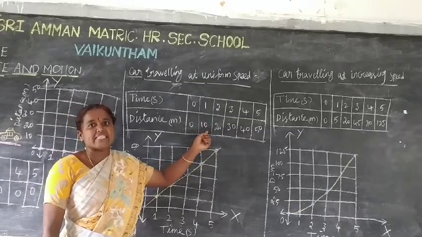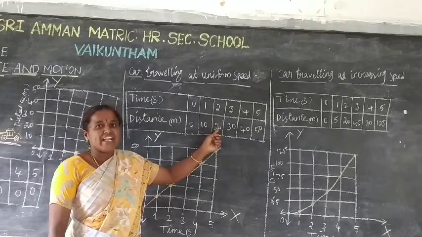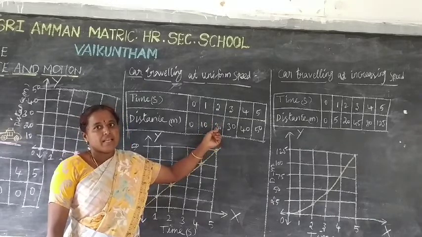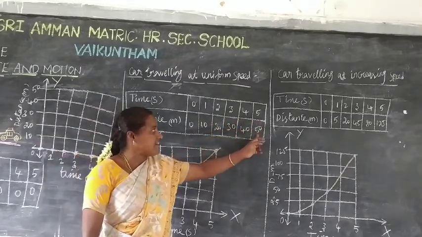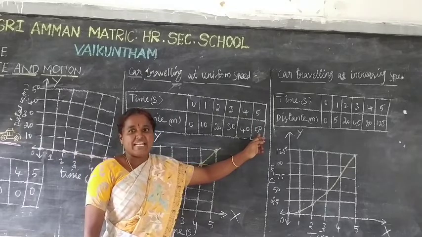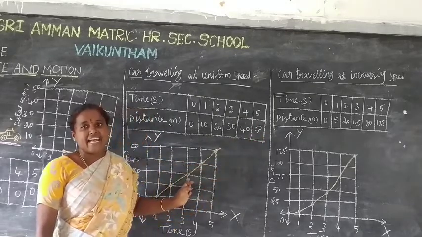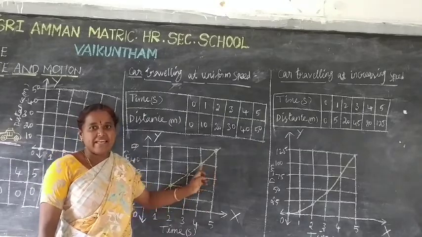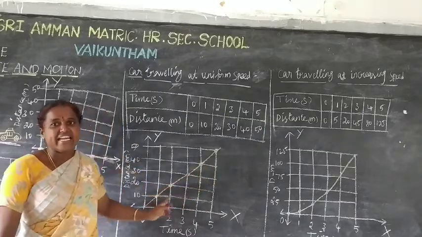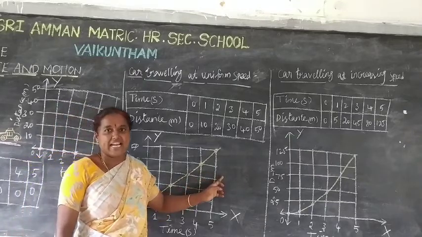In 2 seconds, the distance travelled is 20 meters. And in 5 seconds, the distance travelled is 50 meters. When we plot the distance-time graph, it will be a straight line. Here the distance increases 10 meters every second.